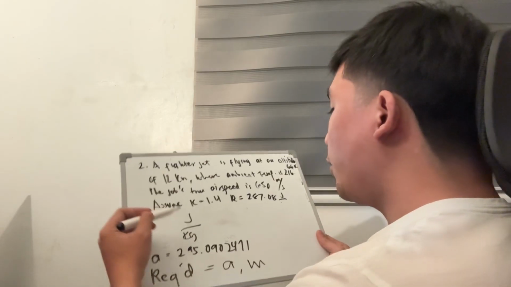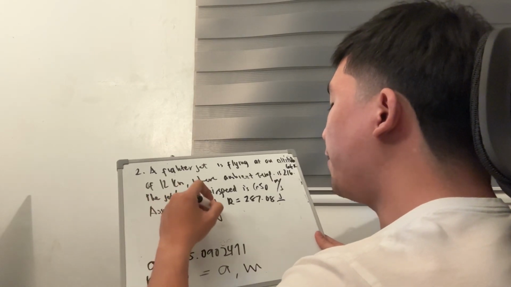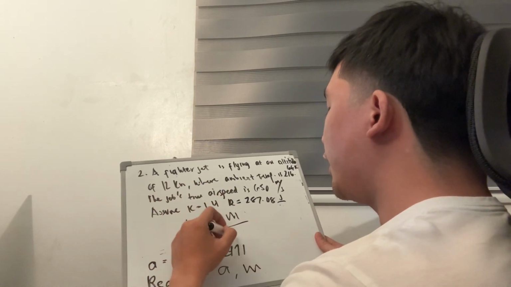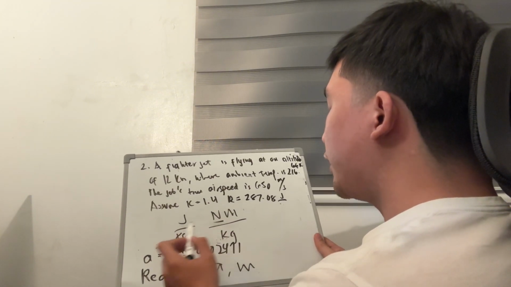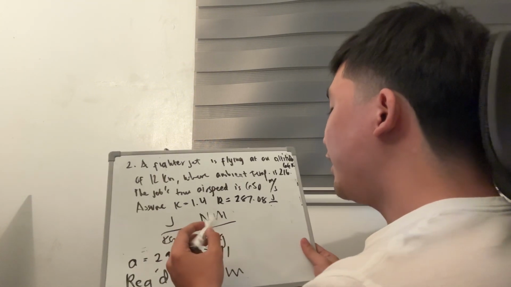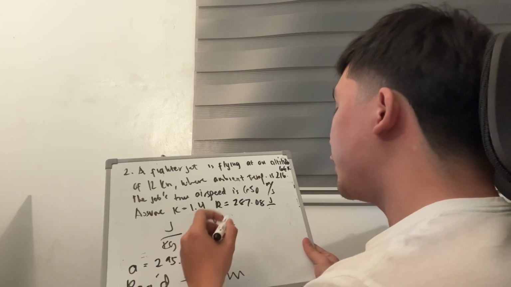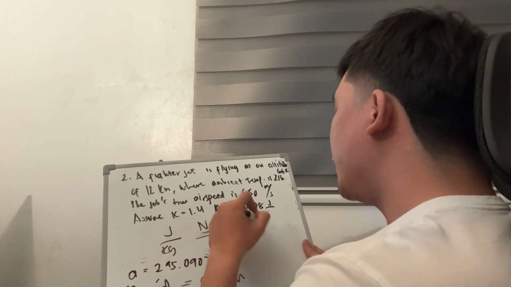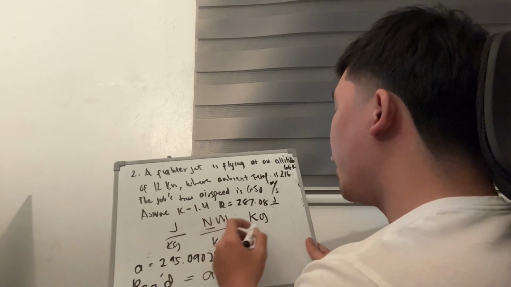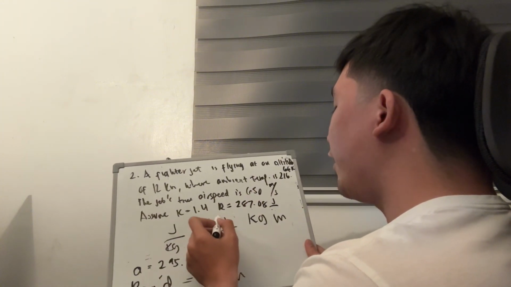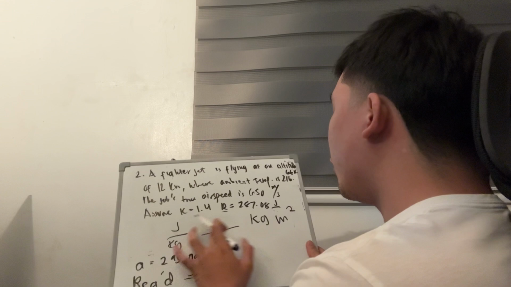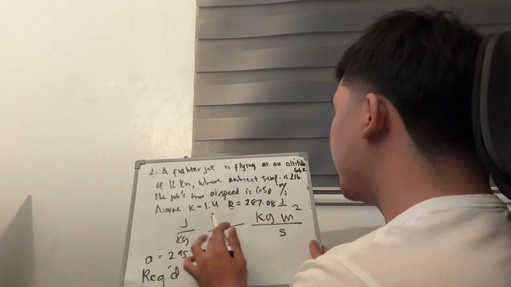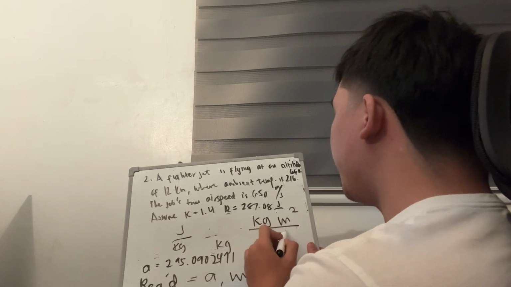So for our J, we can express it as N·m over kg. To express it further, N is equal to kg·m over s squared. And since we have m here also, let's put in square here, over s squared.